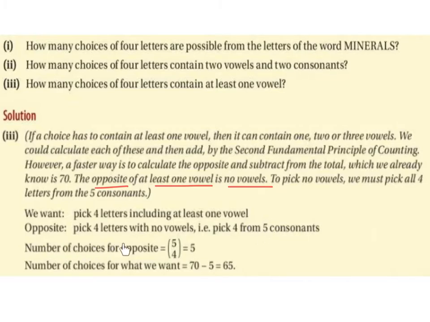So the number of choices for the opposite is 5 choose 4, which is 5. And the number of choices for what we want is 70, the total from the previous question, take away the 5, which leaves us with 65.